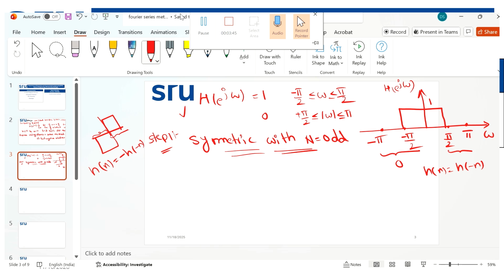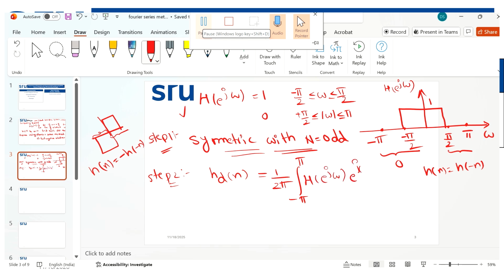Now step number 2. Step number 2 is to find hd of n from the given h of e power j omega. The formula is 1 by 2 pi integral from minus pi to plus pi of h of e power j omega into e power j omega n d omega. Now h of e power j omega we have a range.